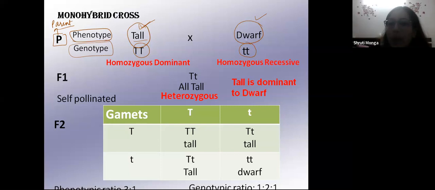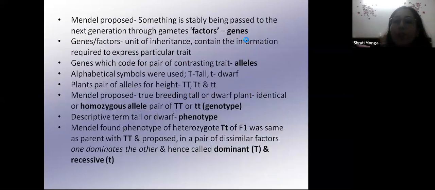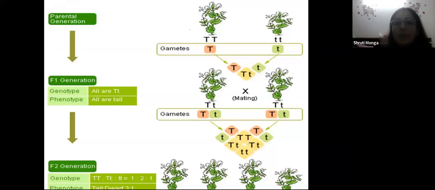Okay, come to this previous figure once again. See this. So this is the parent plant, one with capital T genotype and one with small t genotype. Then we have to take out the gametes from these plants because the crossing will take place.